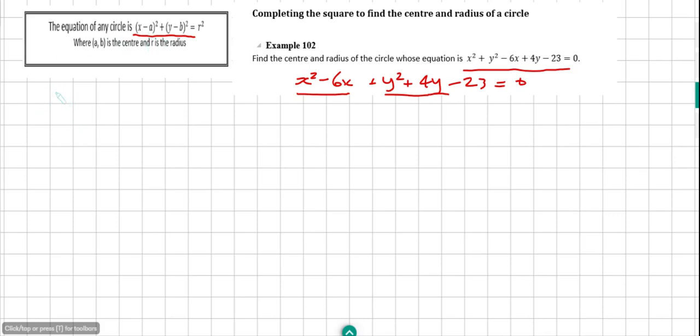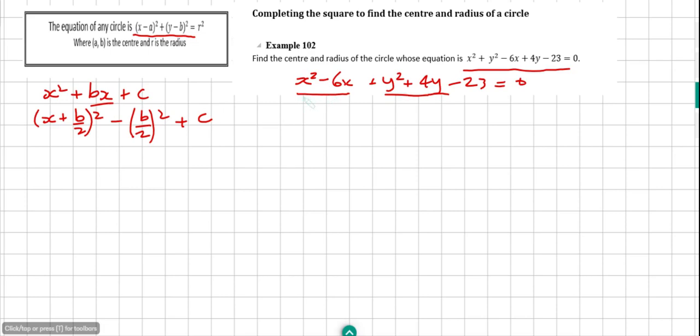If you remember the formula for completing the square: if we've got an expression like x² + bx + c, we can write it as (x + b/2)², but then we have to take away the (b/2)² and then add c on.